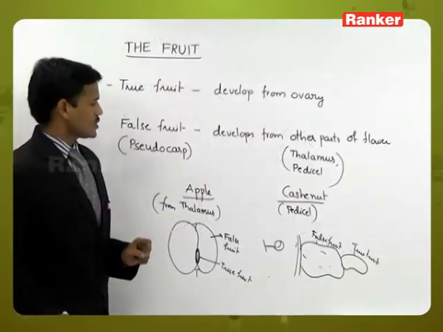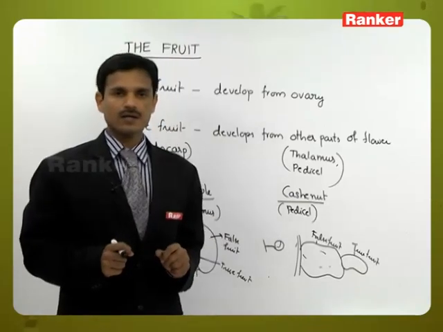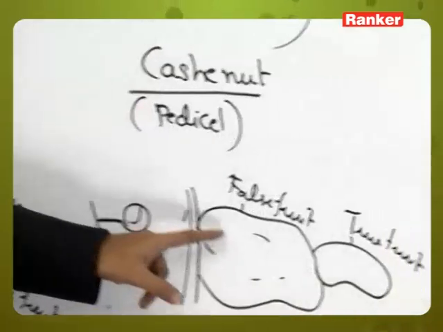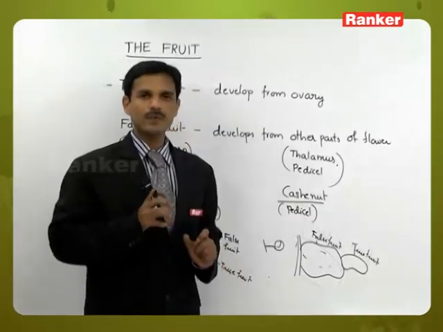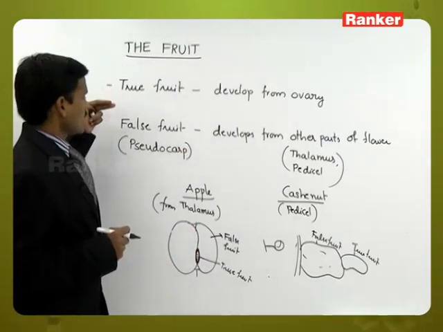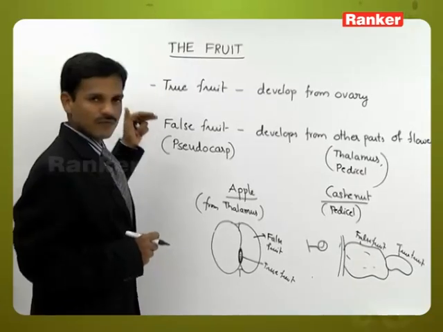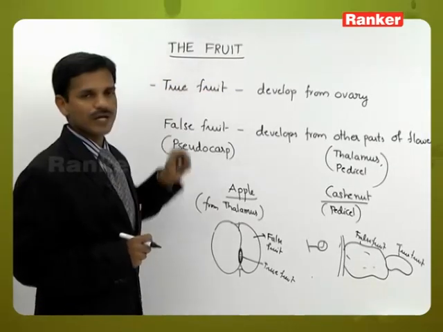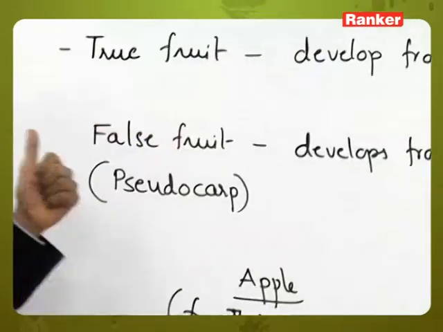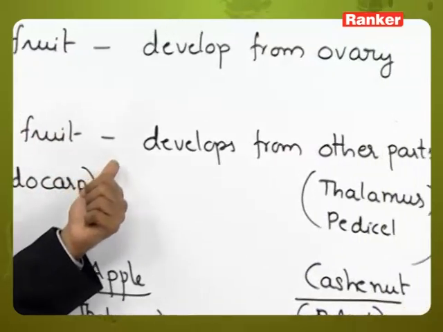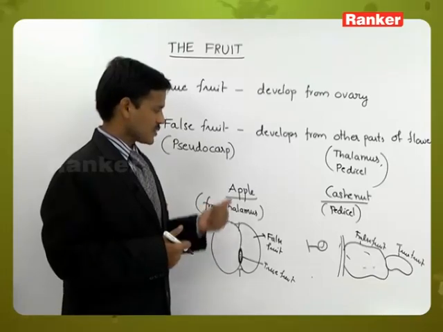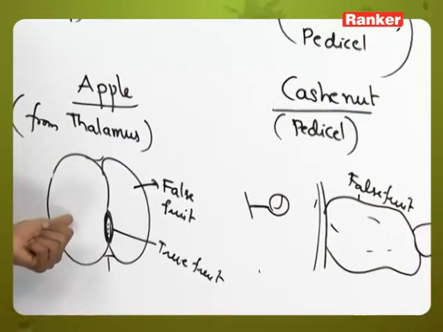So the edible part in apple is thalamus. In cashew nut, the edible part is pedicel. And inside the true fruit also some edible parts are present. They are cotyledons. So fruits are mainly of two types: true fruits and false fruits. True fruits develop from ovary. After fertilization, the ovary develops into fruit. False fruits develop from other parts of the flower, like thalamus, pedicel, or other parts also. So in apple, thalamus develops into false fruit.